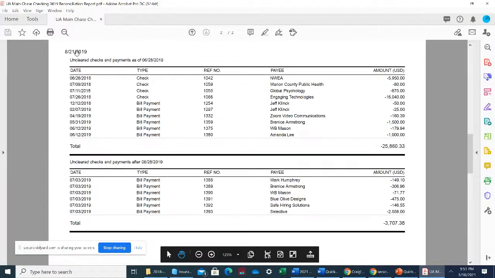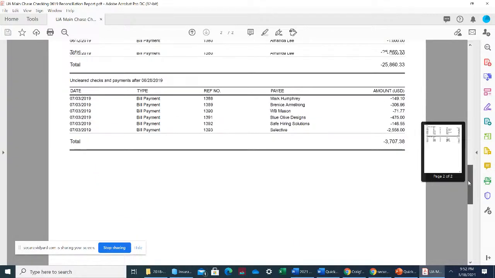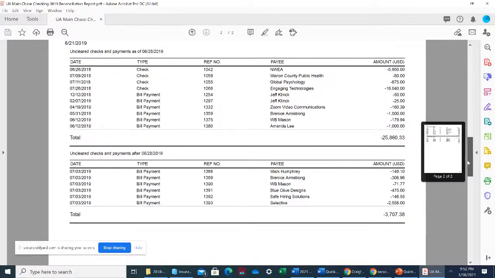Get in the habit of going to the bottom of that reconciliation report and looking at the uncleared checks and payments, and then also looking at the uncleared deposits. This particular company does not have any uncleared deposits.